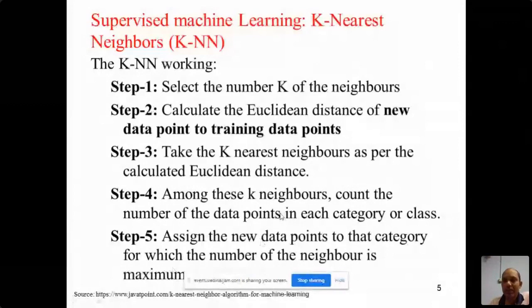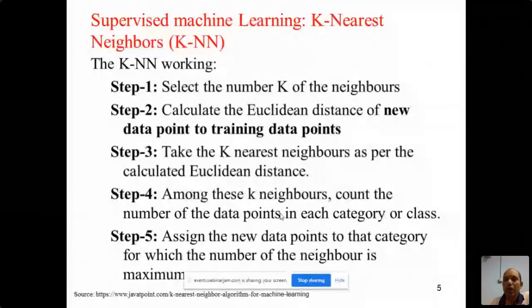Suppose we have taken 3 data points: two are saying it should go to the yes class, and one is saying it should go into the no class. So based on majority voting, we will choose the class label for the new data point.